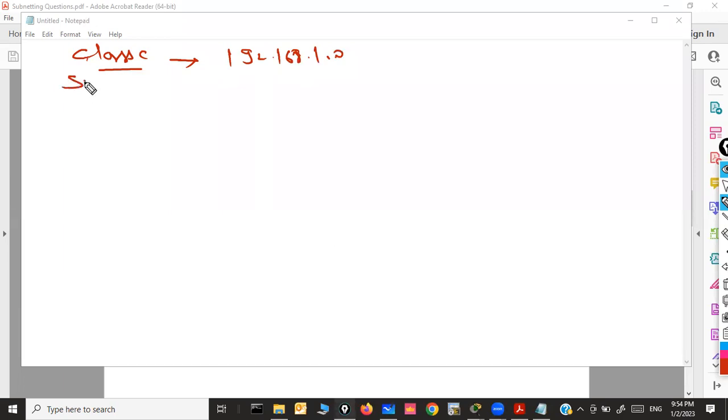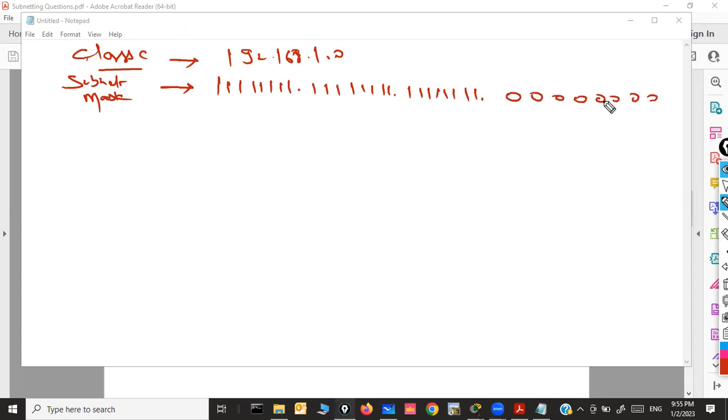Without doing subnetting, the default subnet mask of this class C network, if I write it in binary, would be 11111111, then again 11111111, 11111111, and then 00000000.